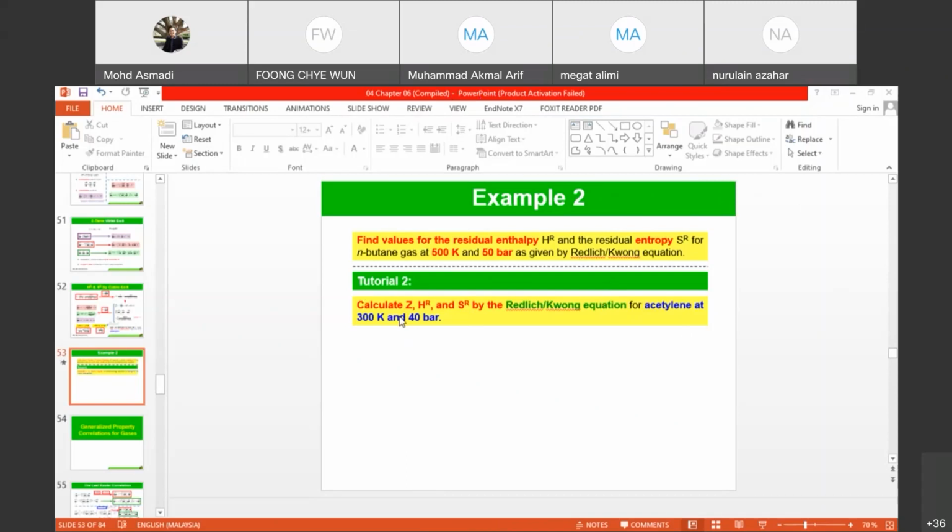Just give me Z, I, and also HR, SR. Previously, what is the value for SR for this example too? Give me the answer. Anyone calculate?